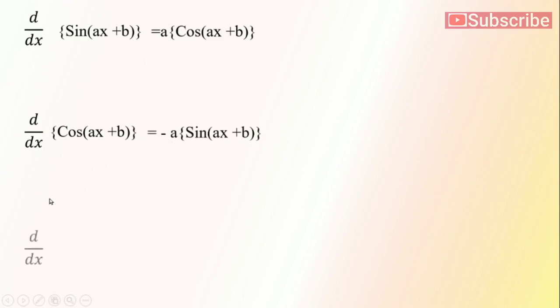Now next, d by dx of cos ax plus b is equal to what? Minus sin ax plus b with this a, right? Next, tan ax plus b: a sec square ax plus b. Next you see d by dx of cot ax plus b. Can you guess what it will be? This is minus a cosec square ax plus b.